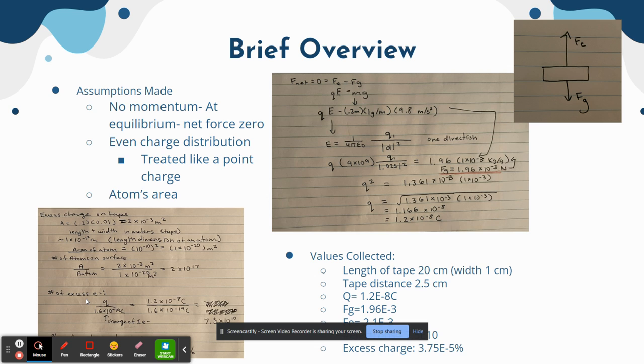Then we find the excess electrons, which is our charge calculated earlier over the charge per electron, and then the percent of excess charge. Here are the important values that we collected: the charge, the force of gravity, electric force, and excess charge.